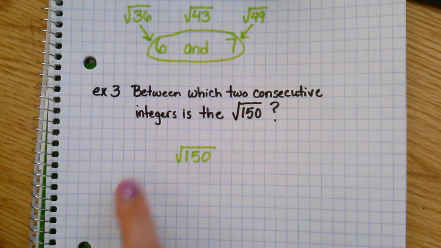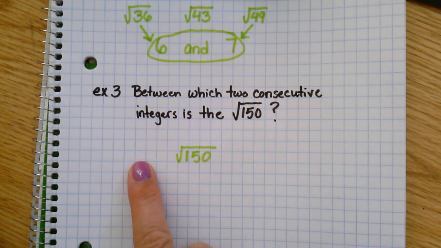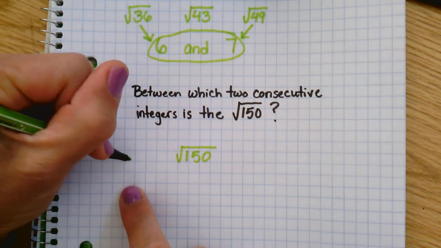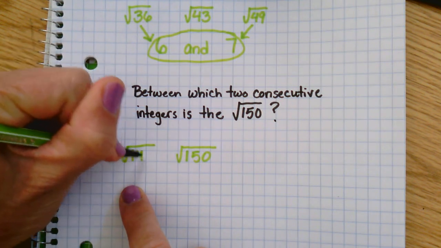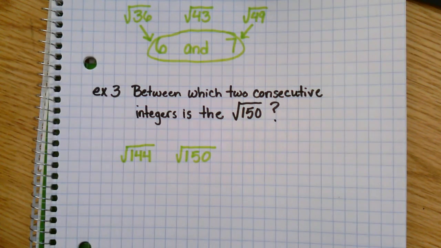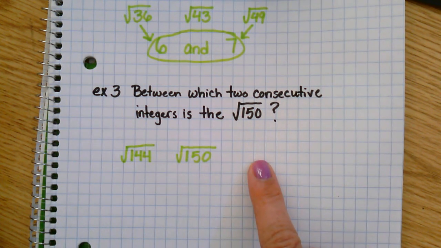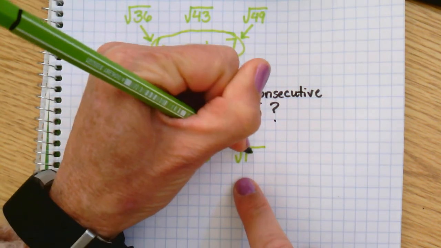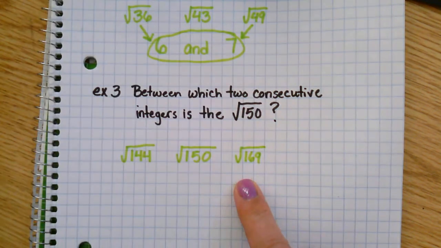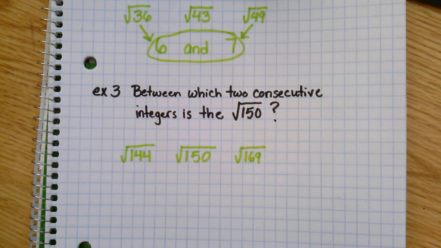So the perfect square closest to 150 but smaller than 150 was in our list that we did at the beginning of our lesson, and that is 144. And the perfect square that will be larger than 150 but closest to 150 is 169.